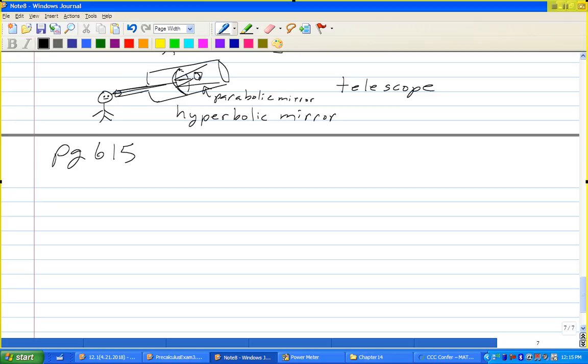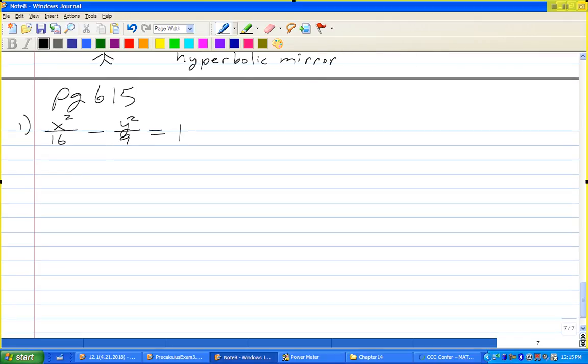Let's do problem number 1. x squared over 16 minus y squared over 9 is equal to 1. Okay. In exercises 1 through 6, graph the equation given in standard form and give the length of the real axis. Okay, so let's do this.